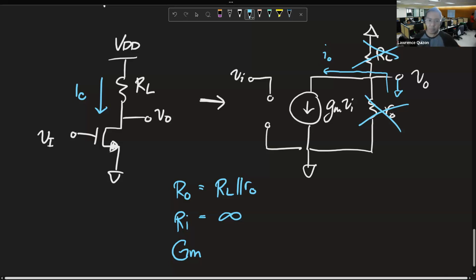When you put in a small signal here, there should be a current going in, which is your small signal I out. And we find that I out is again equal to GM V, and what a surprise, this is still GM.